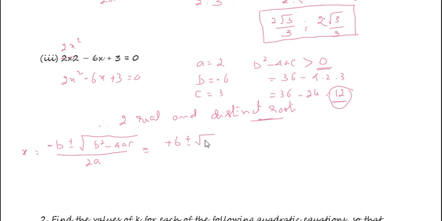So √12 divided by 2a, a is 2, 2 into 2, this is 4. 6 plus or minus, I will take 4 outside, then it will become 2√3 divided by 4.